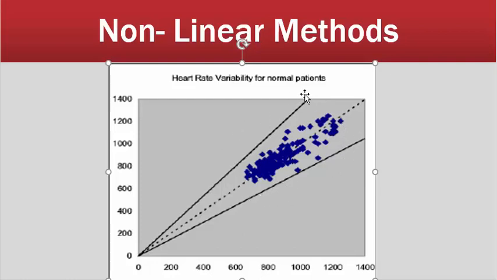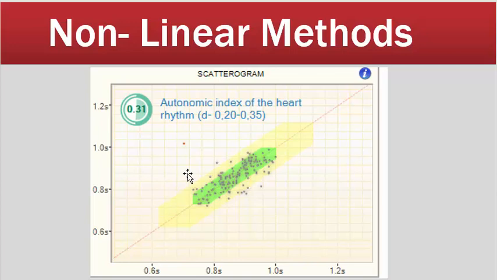It's an oval, or they call it a cloud space. So this is the normal one. Let's see how they look in different conditions. This is a normal distribution: the autonomic index in the heart rate variability is within normal limits. So we're in the green zone, and the shape of the scatterogram looks like a cloud.